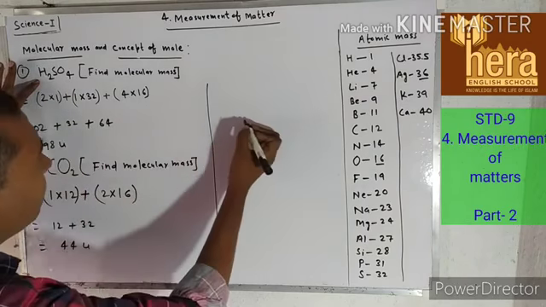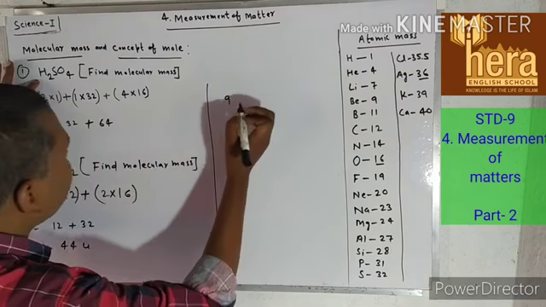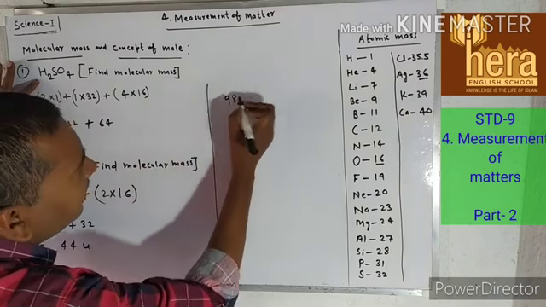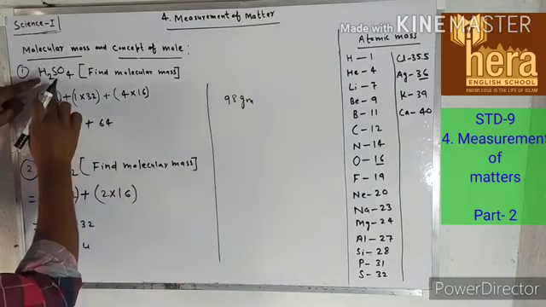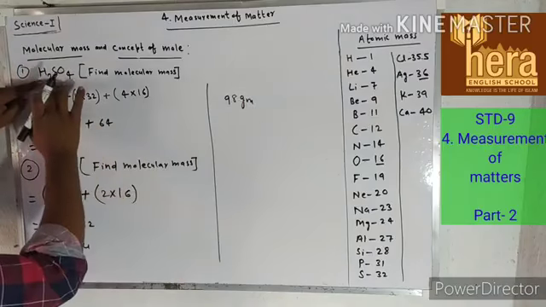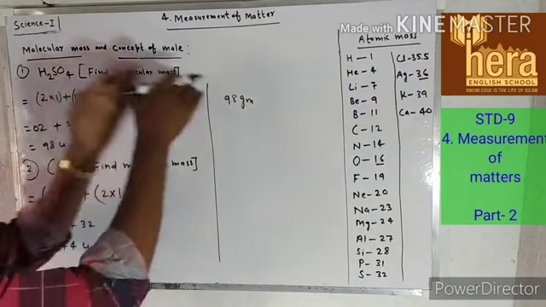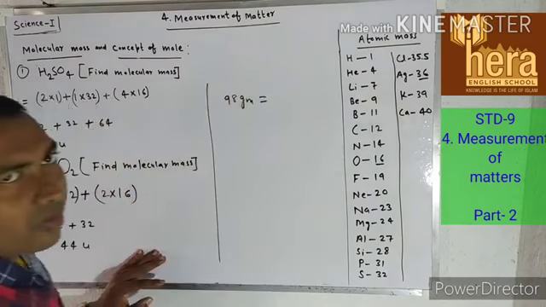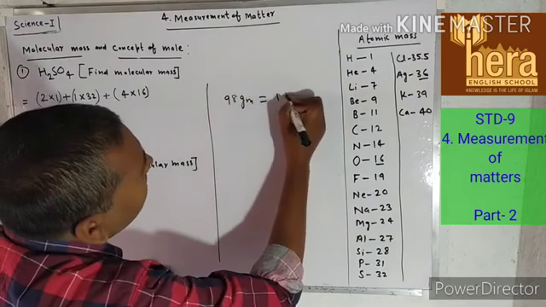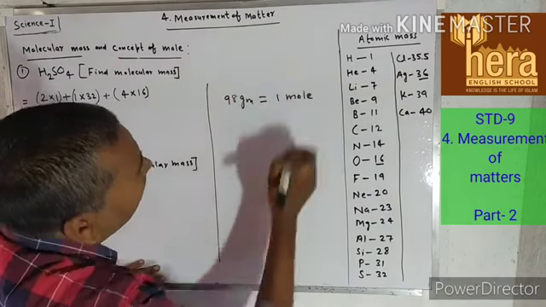So if you write 98 gram, if you represent molecular mass in gram, then this will be equal to 1 mole.